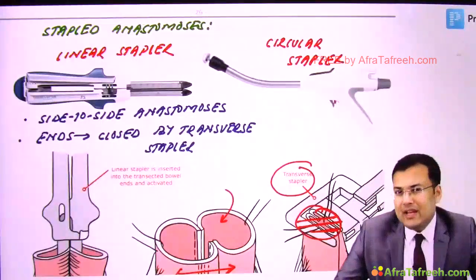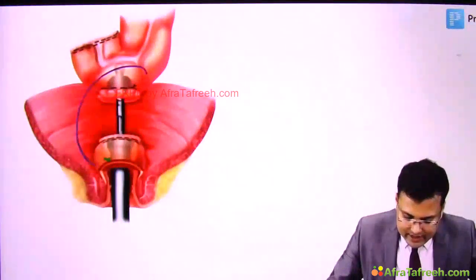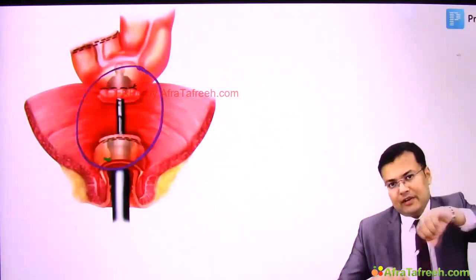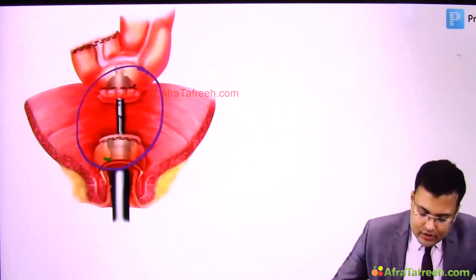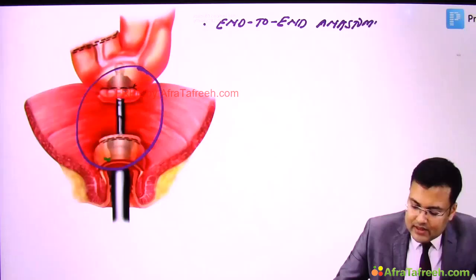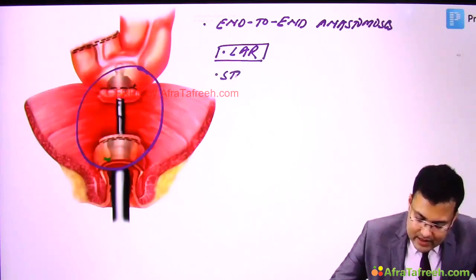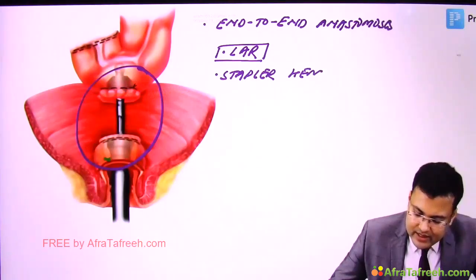Even in stapler hemorrhoidopexy, we use the circular stapler. Here you can see how it is used for end-to-end anastomosis.